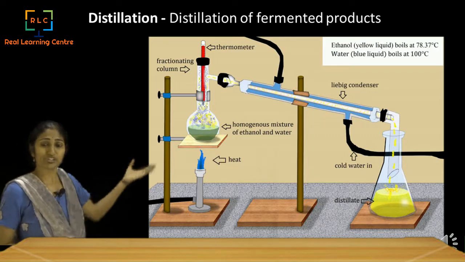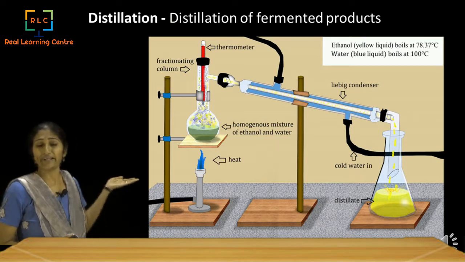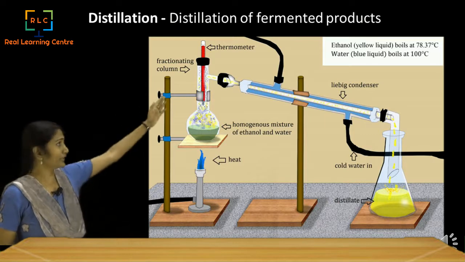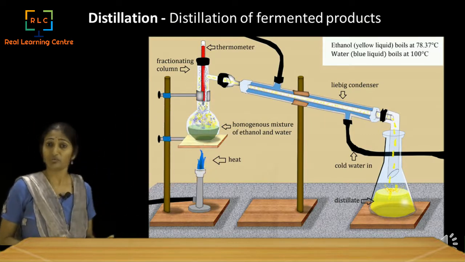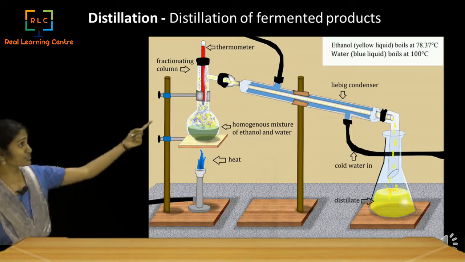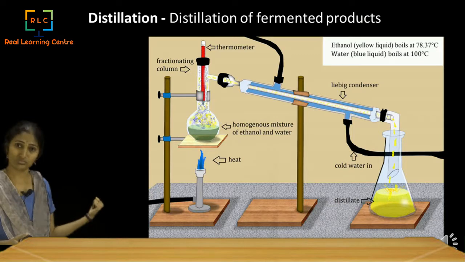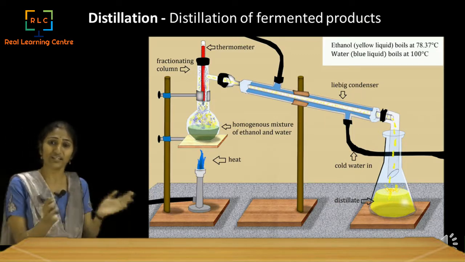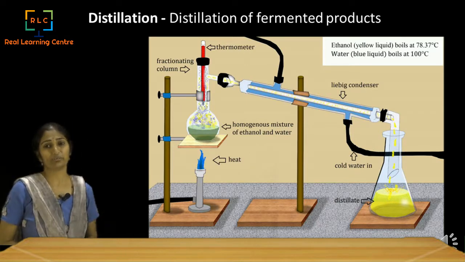Therefore, if I am just maintaining the temperature of this round bottom flask below 80 degrees, all the ethanol would be evaporated, cooled, and can be collected. Whereas water, since its boiling point is 100 degrees, would still remain in the round bottom flask itself. This way, I can very easily separate the products of fermentation.